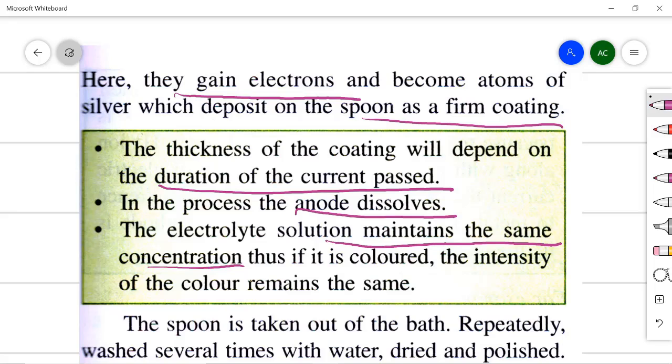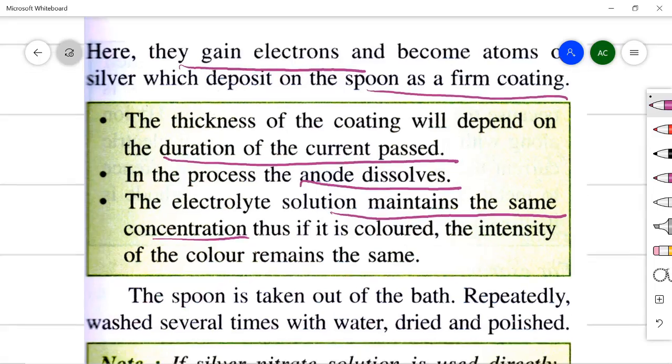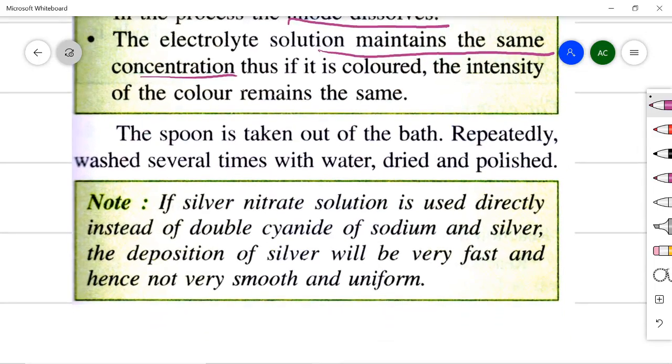As the anode finishes, the electrolyte solution fades. So, if the solution is colored, the intensity of the color remains the same because the ions are provided by the anode. The spoon is taken out of the bath and repeatedly washed several times with water, dried and polished. So, this is the last step.